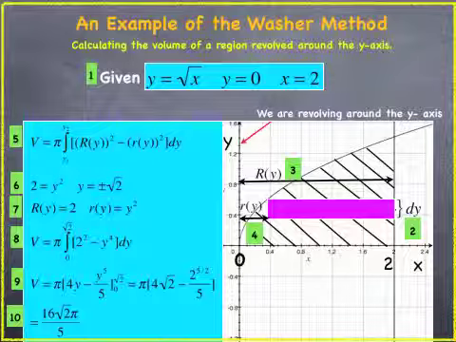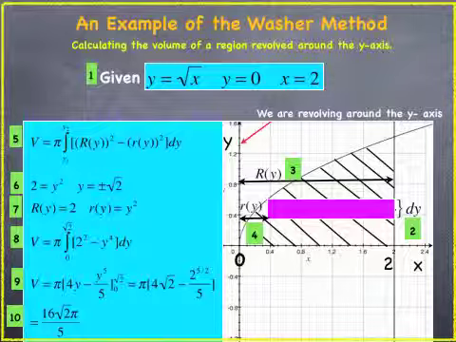But the top of the region is not so clearly defined, so we have to use our equations to determine that. If you look at 1, we have x equals 2 there, and on the left we have y equals square root of x. Now we're going to use both of those equations and set them equal to one another to figure out our y limits.